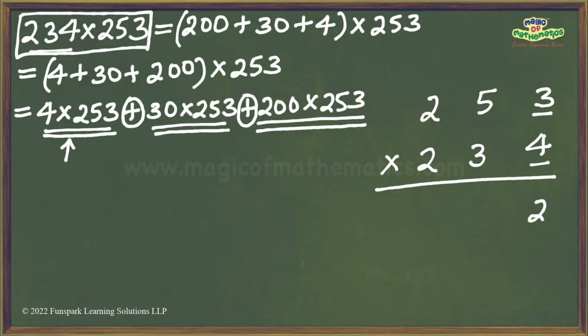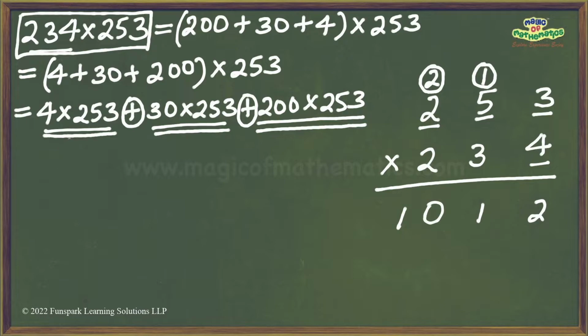I retain 2 and carry forward 1. 4 times 5 gives me 20. Adding this 1 gives me 21. I retain 1 and carry forward 2. 4 times 2 gives me 8. Adding this 2 gives me 10.